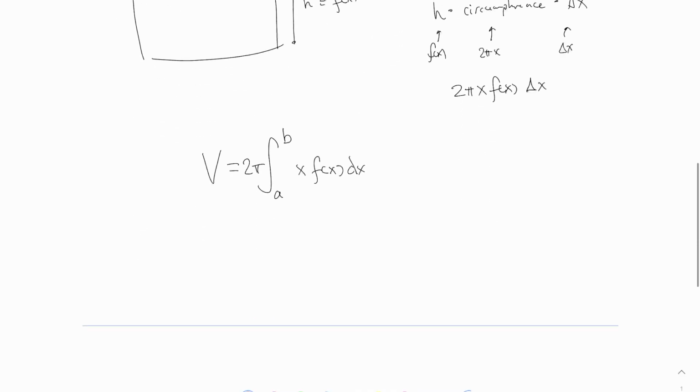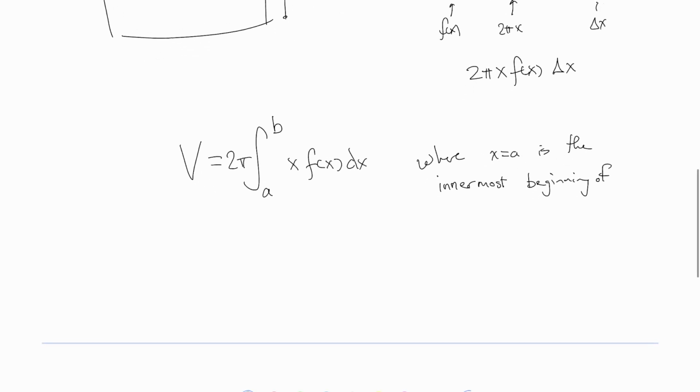This is different from the a and the b when you're doing the washers. So I'll say x equals a is the innermost edge of the shape. My example doesn't really have an innermost edge. It has a middle.